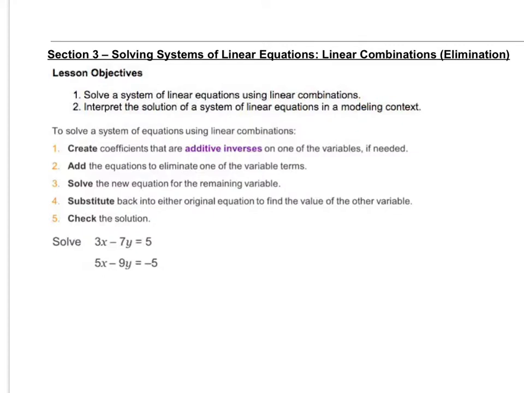These 5 steps right here give us the method on how to do this, given 2 equations, typically in standard form, where x and y are on the same side of the equal sign. So what we want to do is create coefficients that are additive inverses on one side of the variables if needed. By additive inverses, that means opposite coefficients.